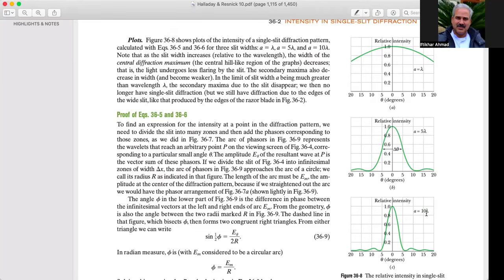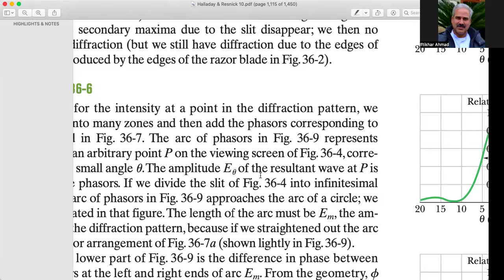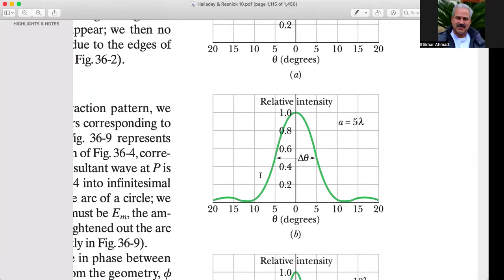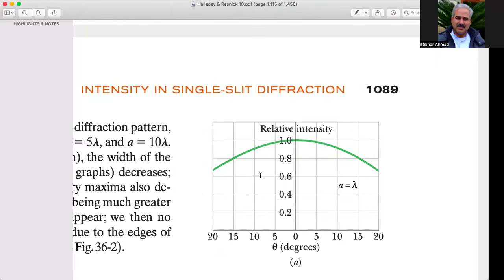Look at here, the slit size is 10 times the wavelength. So our misconception was that diffraction happens only when the wavelength is comparable to the slit size, like here.